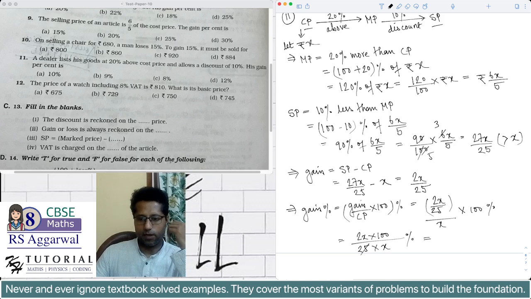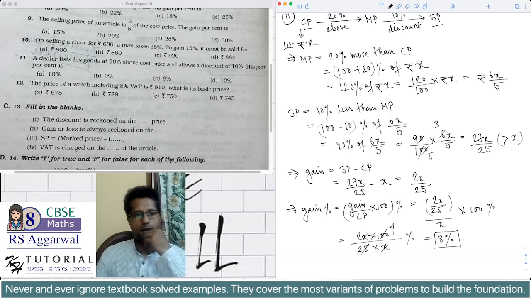So 25 cancels 100 with 4, x cancels out, and we have 8 percentage. So the gain percent is 8 percentage, and hence the correct choice is C. C is the correct choice.